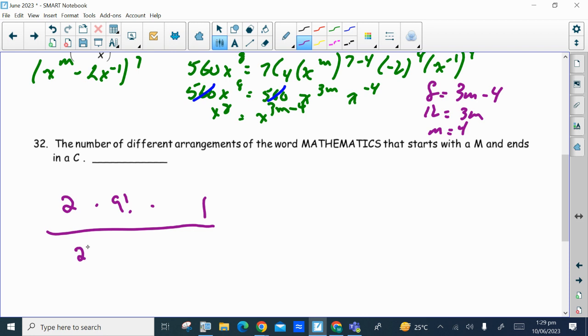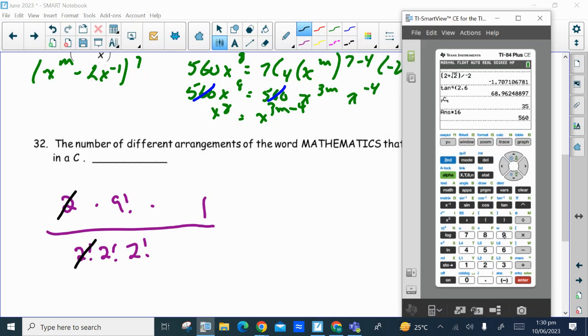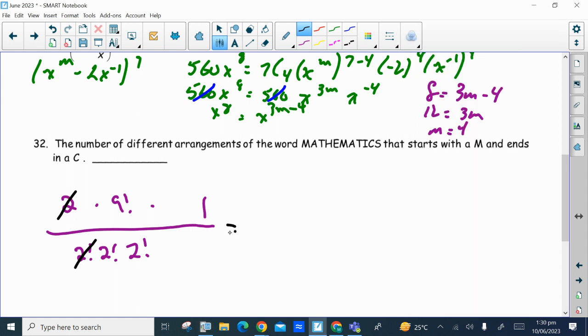There are 2 M's, there are 2 A's, and there are 2 T's. So you have to deal with the repetition. So you can cancel the 2 on top with one of the 2 factorials on the bottom because 2 factorial is 2. And then our answer will be 9 factorial over 4. 90,720. There's the answer.